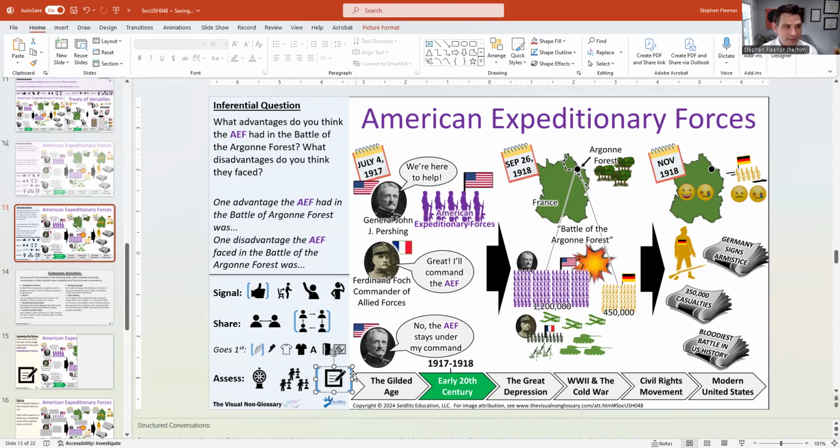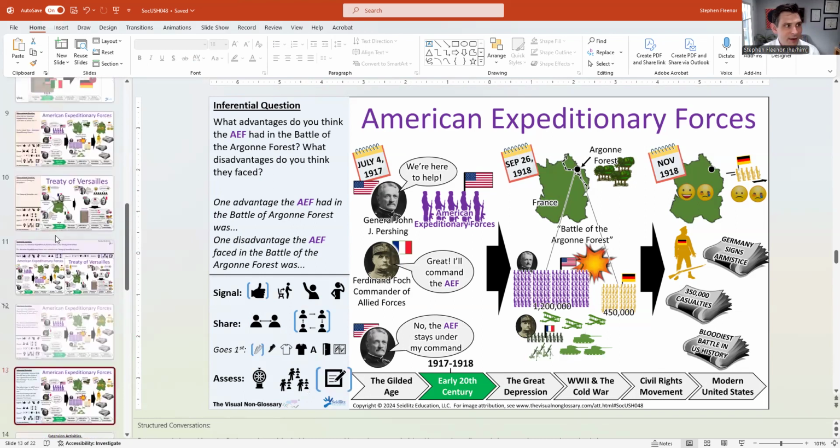Because if all students can answer in writing a complete answer to this question using the key academic vocabulary, then that demonstrates their real understanding and mastery of both the vocabulary word and the concepts or the language behind that lesson. So I really recommend having students complete this final inferential question in writing.